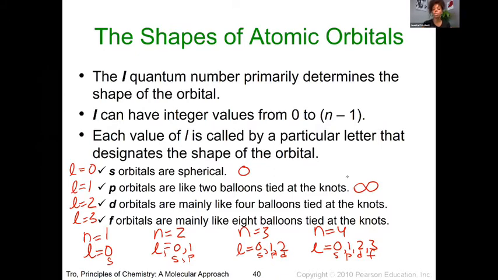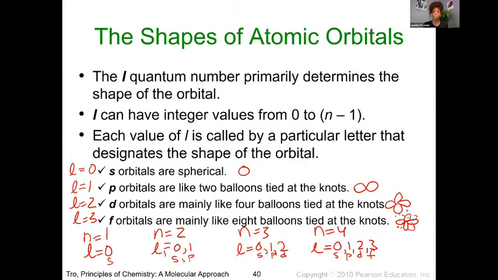Your d orbitals look like 4 balloons tied together, so even bigger. And your f orbitals look like 8 balloons tied together. So these are our biggest orbitals found.